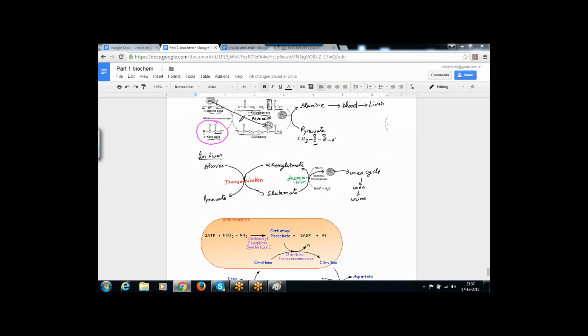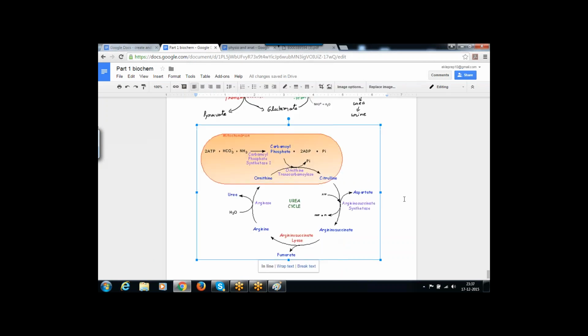So it is not a complete breakdown of amino acid yet. We are just handling one group of the amino acid. The rest of the amino acid is still there, and we will have to study what happens to the rest of it. But before that, let's see how this ammonia which is released becomes urea.